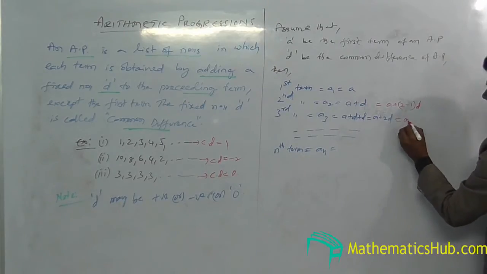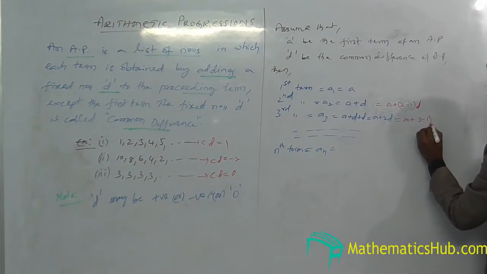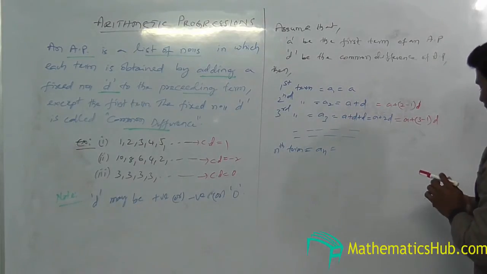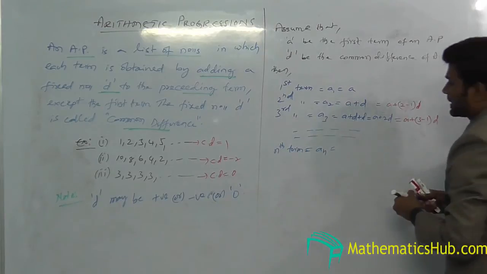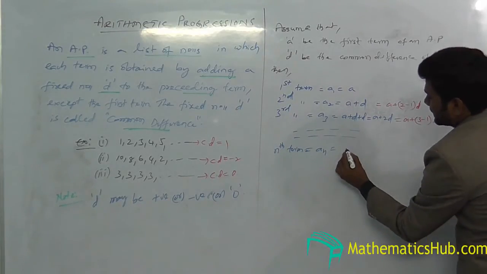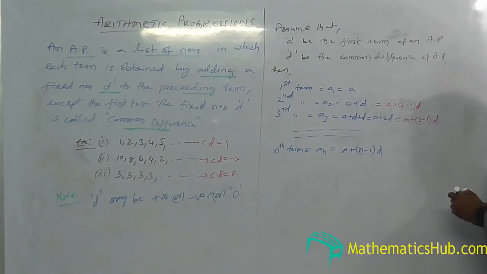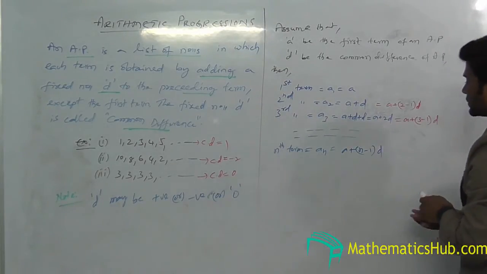And the third term I can write as A plus 3 minus 1 into D. That is 3 minus 1 is 2, 2 into D is 2D, so A plus 2D. If I follow the same pattern, the nth term will be A plus n minus 1 into D.